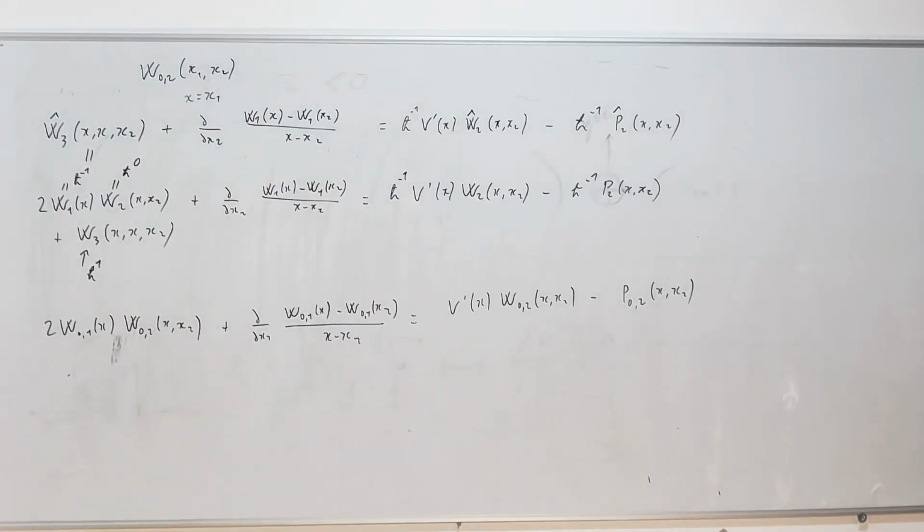So basically, W01 is known, p02 is not known, but it's a polynomial of x, and basically that almost allows us to find W02.